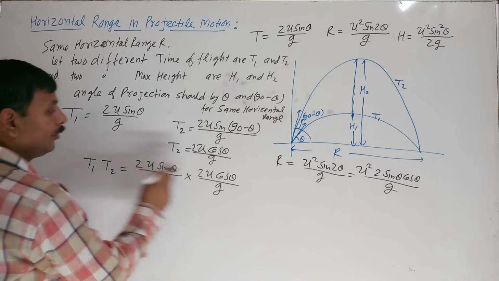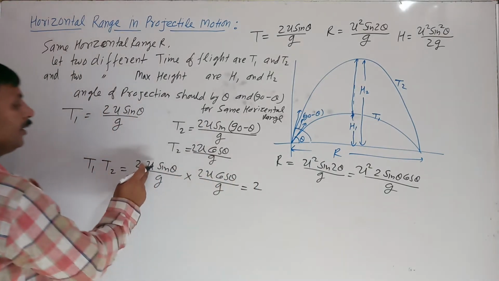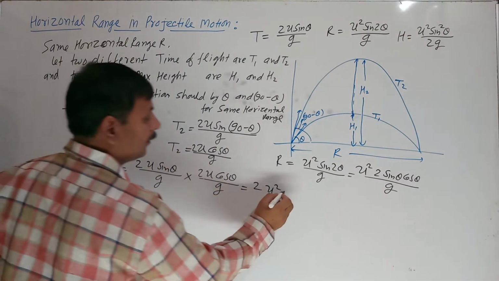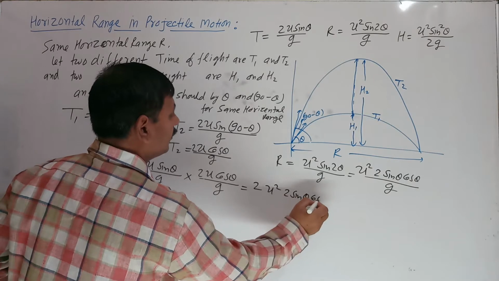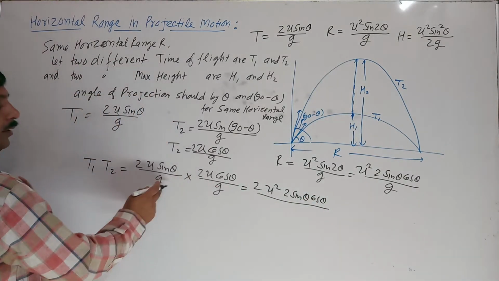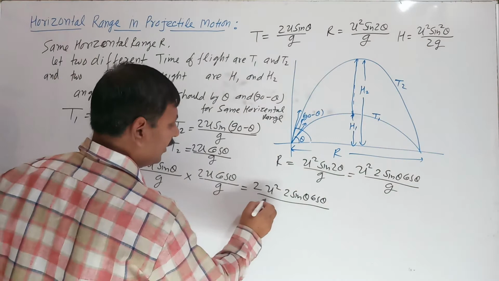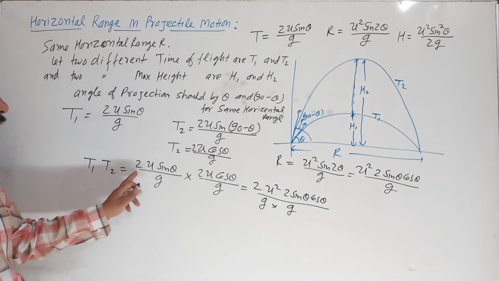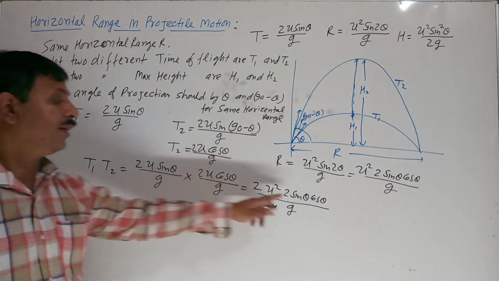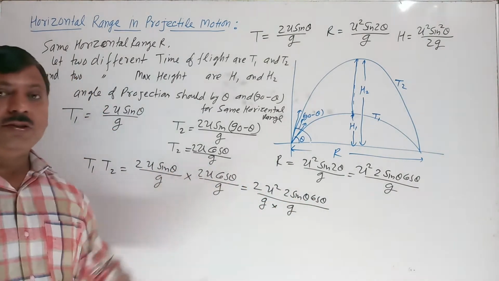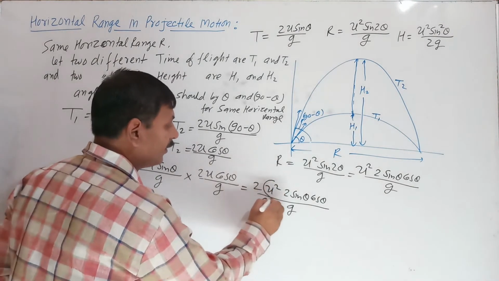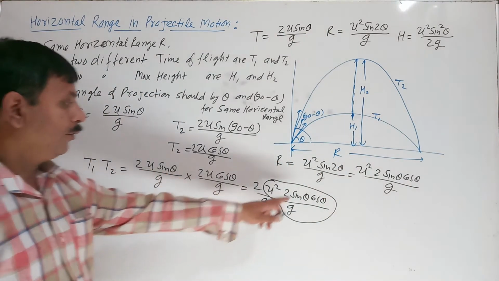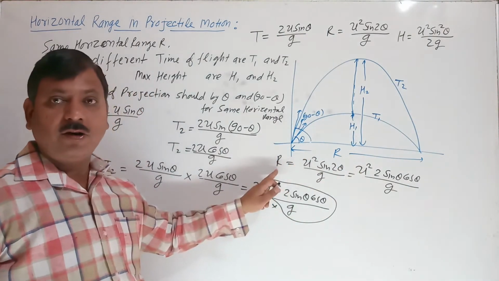Rearranging this, 2u into u is 2u square, times 2 sin theta cos theta, upon g into g. So you can see here, this will be the horizontal range.